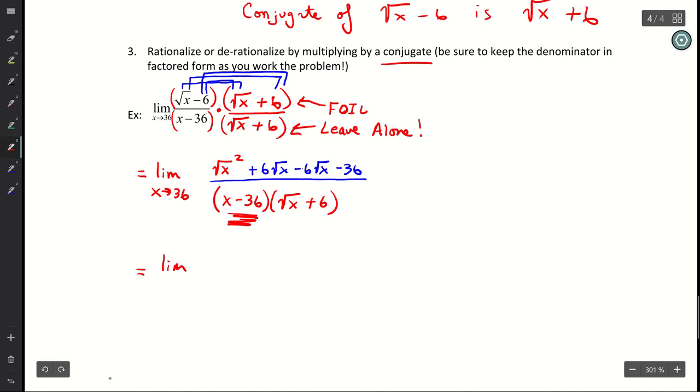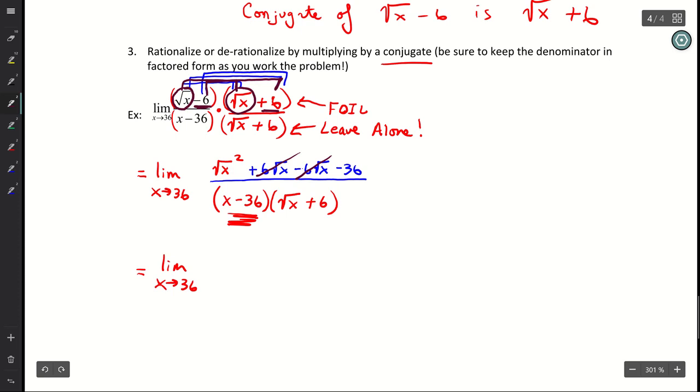So we have limit x approaches 36. We're keeping that because we're not plugging the 36 in yet. And then notice what happened when you FOIL the conjugates out. You have a +6 roots of x and a -6 roots of x. That's always going to happen. So when you multiply the inner product and the outer product, you're always going to end up with 2 terms that are opposite in sign. That means you can literally get away with multiplying a conjugate by multiplying the first 2 terms and the last 2 terms.